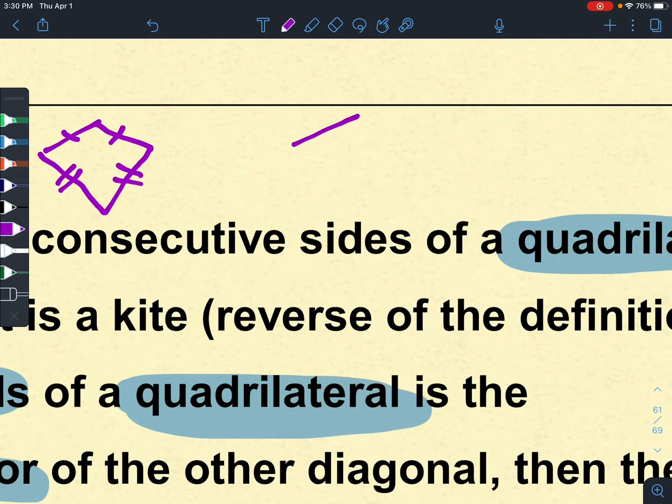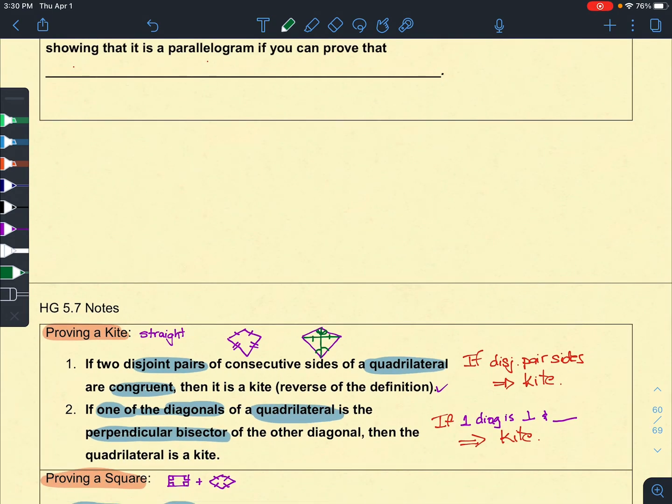So then the other possibility is start with the diagonals and show that the first diagonal, notice, is a bisector of not only the angles, but also the sides. So there are the two options.